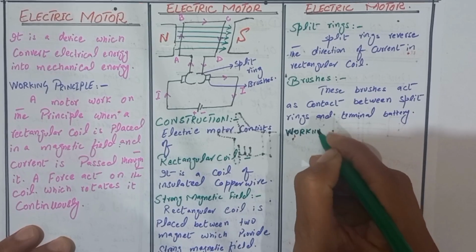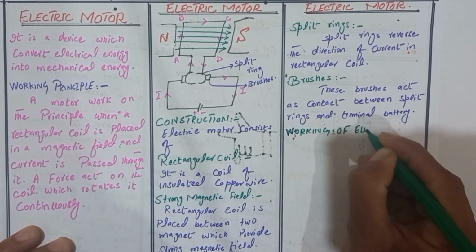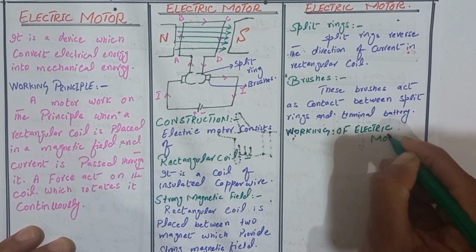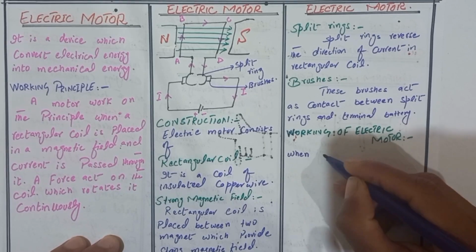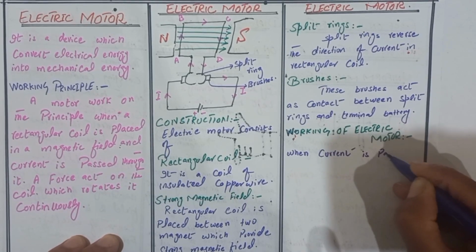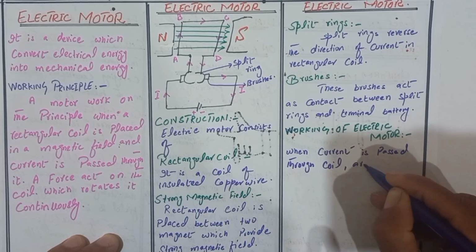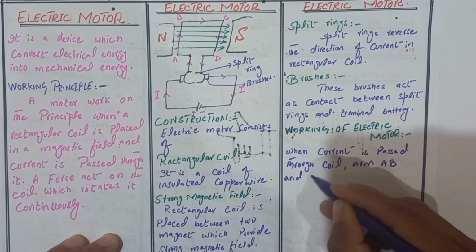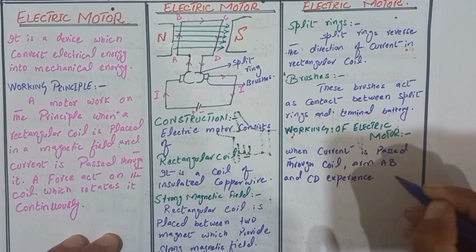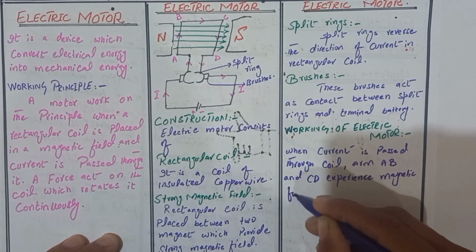Working of electric motor. When current is passed through the coil, arms AB and CD experience magnetic force.